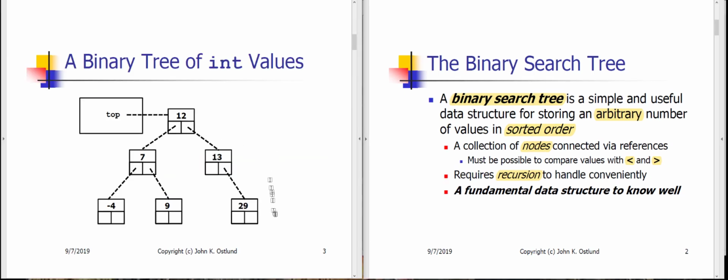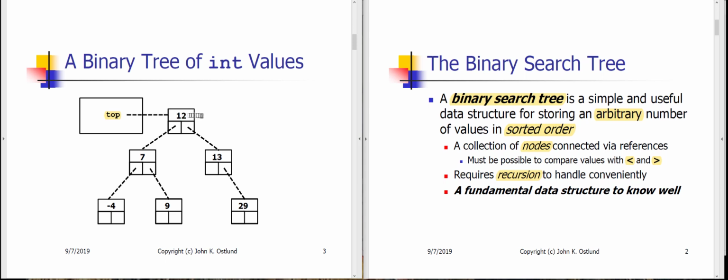Okay, so here on slide 3, we're just showing a diagram of a potential binary search tree with 6 items added to it. The box in the upper left corner represents the binary search tree object, and within that object we have an attribute called top that refers to the topmost node in our binary search tree.